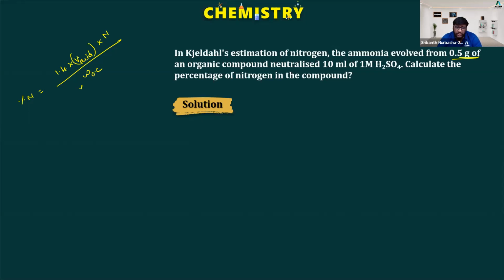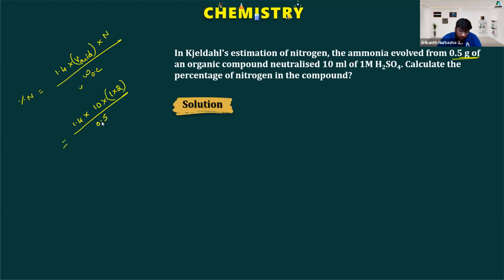Percentage of nitrogen is equal to 1.4 into volume of acid into normality divided by weight of organic compound. So what is the volume of acid and what is the normality? 0.5 gram of organic compound neutralized 10 ml of 1 molar H2SO4, which means 10 ml is the volume of acid neutralized with ammonia, and 1 molar H2SO4 is 1 into 2 normality, divided by weight of organic compound 0.5.